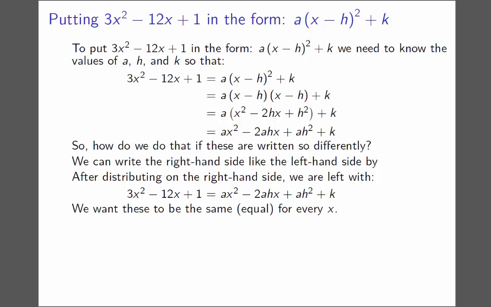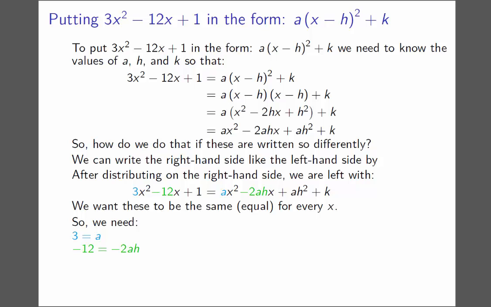And remember, we want these to be the same. We want them to be equal for every value of x, which means that our coefficient on the left-hand side has to be the same as our coefficient on the right-hand side for each of our coefficients. That is, we need 3 to equal a. Our coefficient of x² on the left has to be the same as our coefficient of x² on the right.